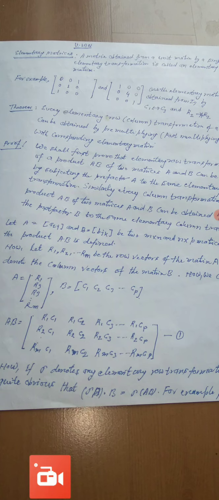Now we will discuss the elementary matrices. You know the elementary matrices; we are going to repeat it. Elementary matrix: a matrix which is obtained from a unit matrix by a single elementary transformation is called an elementary matrix.